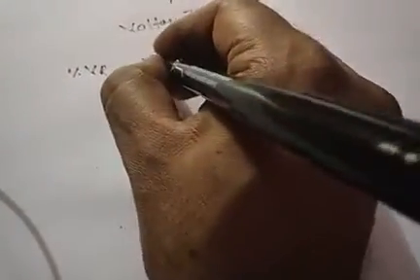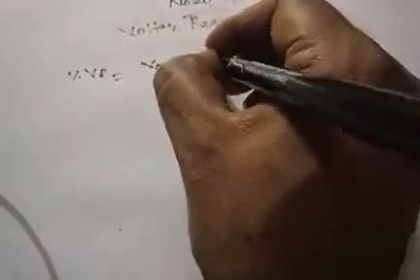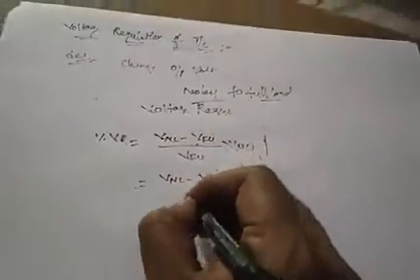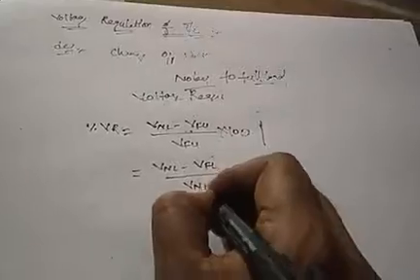How is the formula for percentage voltage regulation? We get (V no load minus V full load) by V full load into 100. So this is the formula for voltage regulation. You can make it (V no load minus V full load) by V no load also. This is also regulation.